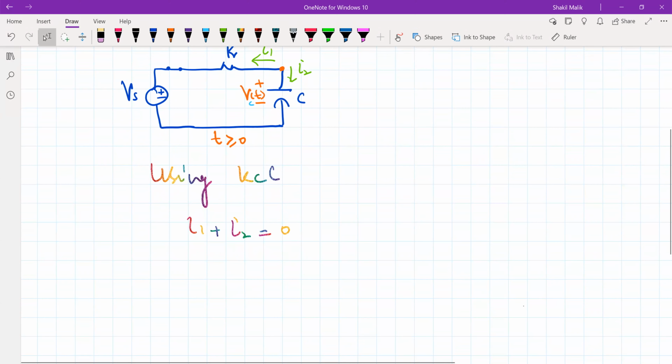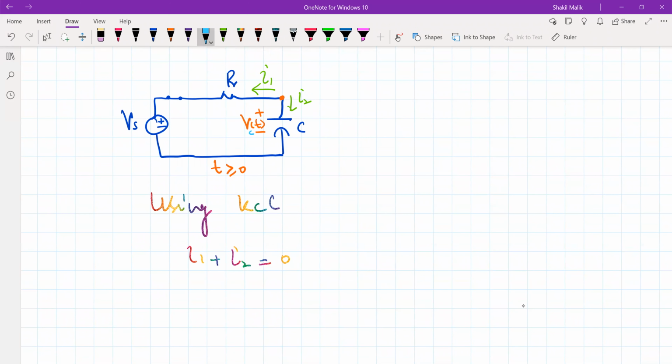The voltage across this resistor is Vc minus Vs, right? On this side the voltage is Vs, on this side the voltage is Vc, and we are assuming the current is going in this direction, so Vc must be at higher potential.